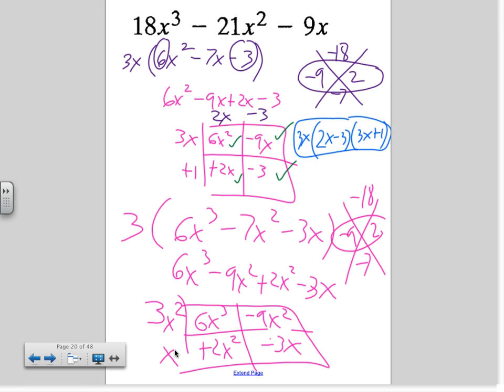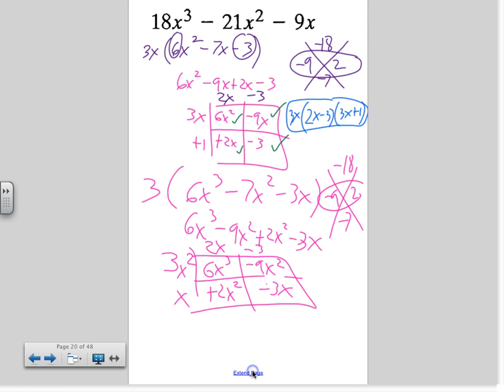And here, when you multiply, you get 2x, and this is minus 3. So how's that going to change the problem? Not much. Watch what happened. You have 2x minus 3, you got yourself the 3 from the beginning, and you got yourself 3x squared plus x instead of 3x plus 1.